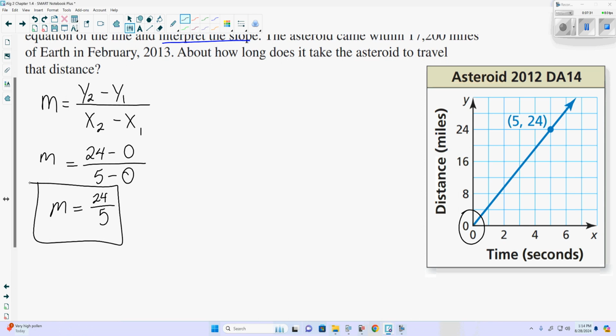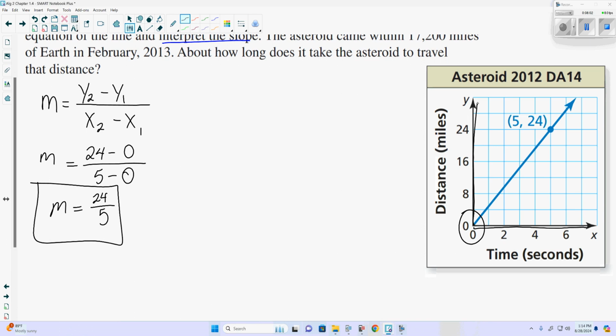Okay. We're ready to interpret the slope. What it's telling us, written out in words, what is the slope describing? Because if we look at this here, the x value is time in seconds, yes? The y value is distance in miles. So if we look at the slope, our time, because we always talk about x first, it's 5, yes?